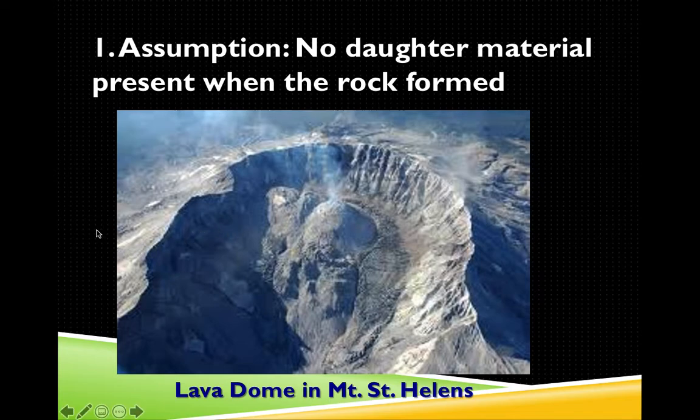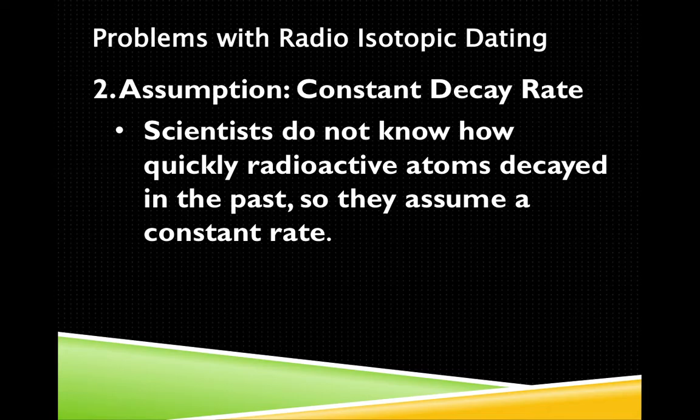All right. Okay, the second assumption is a constant decay rate. And scientists don't know how quickly radioactive atoms decayed in the past, so they assume that they have always decayed at a constant rate.